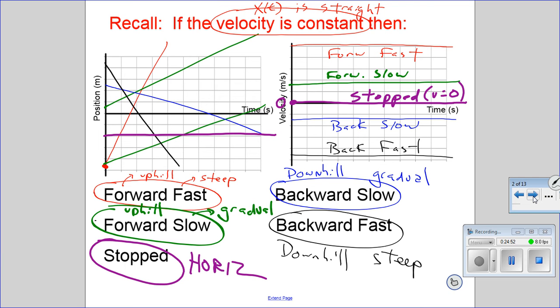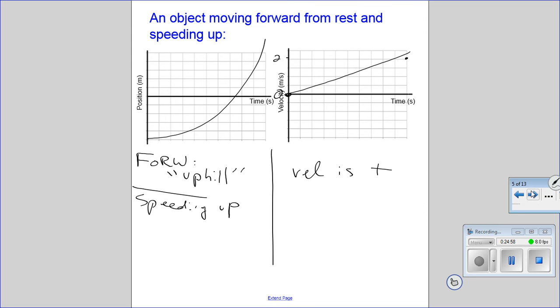It was determined by the steepness, right? Steeper equals faster. At the beginning, it's not very steep, and then it gets steeper and steeper and steeper. Like imagine driving on this thing. It's getting way steeper, right? That means it's speeding up, because it's getting steeper. Cool?